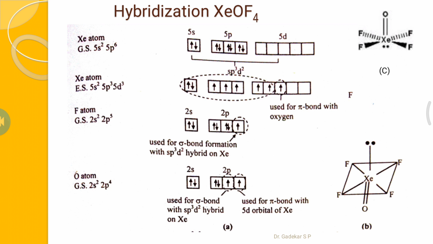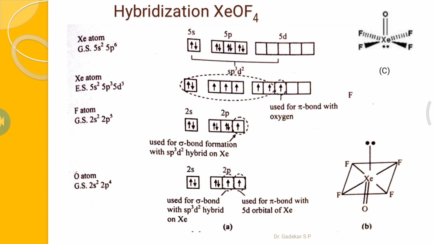The xenon atom's excited state electronic configuration is 5s2 5p3 5d3. In this, the d orbitals are used for pi bonds with the oxygen atom.